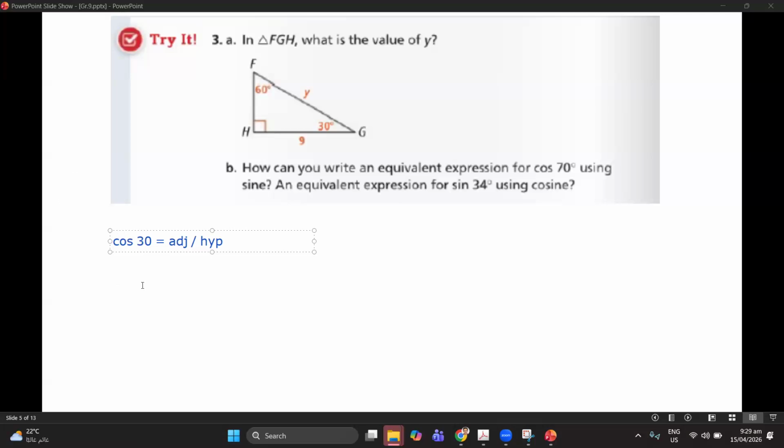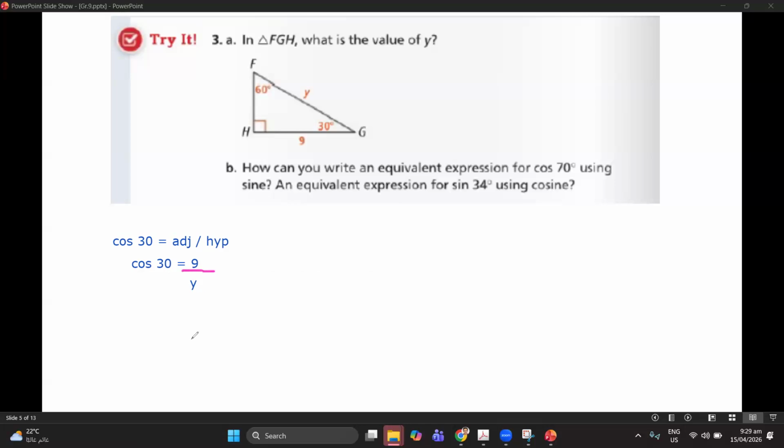Excellent. So for cosine 30, I know that it's adjacent over hypotenuse. So let's replace: cosine of 30 equals the adjacent, 9, over the hypotenuse, which is y.